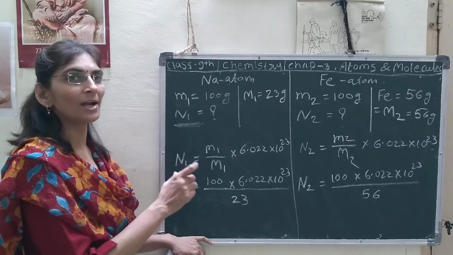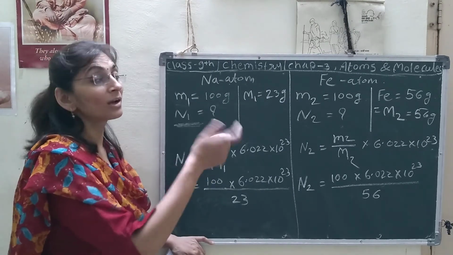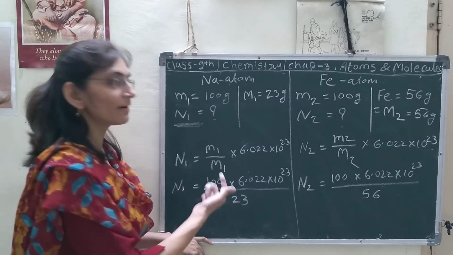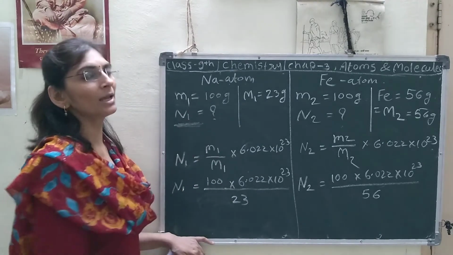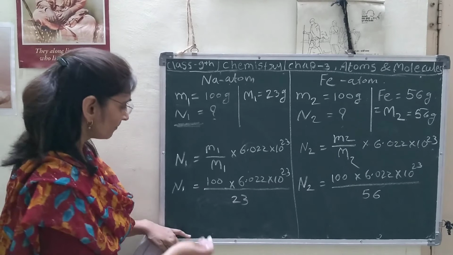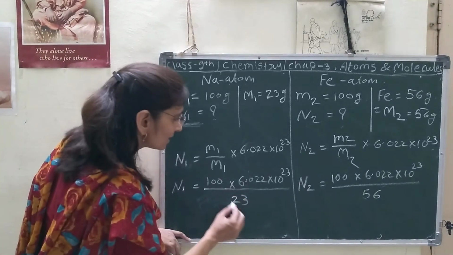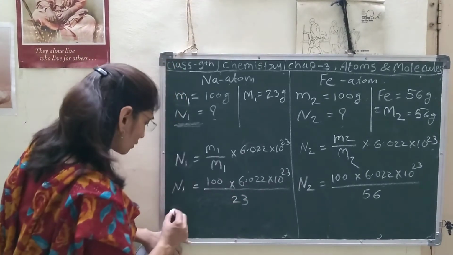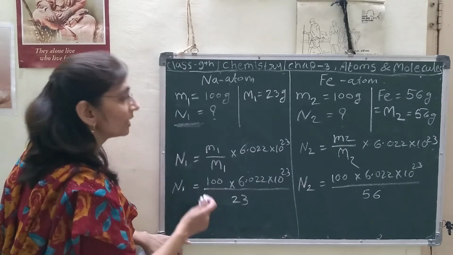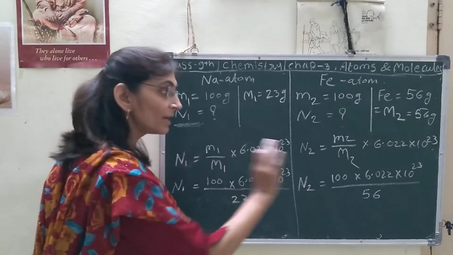ज़्यादा नंबर से डिवाइड किया तो क्वांटिटी क्या होगी? कम हो जाएगी. कम नंबर से डिवाइड किया तो क्वांटिटी ज़्यादा रहेगी. We know that very well. So here denominator is less, that's why sodium will have more atoms. It is clear here.